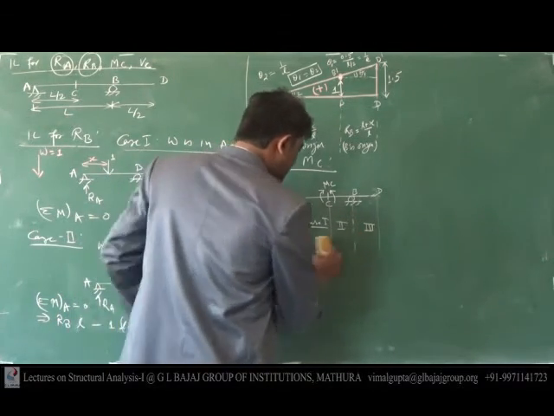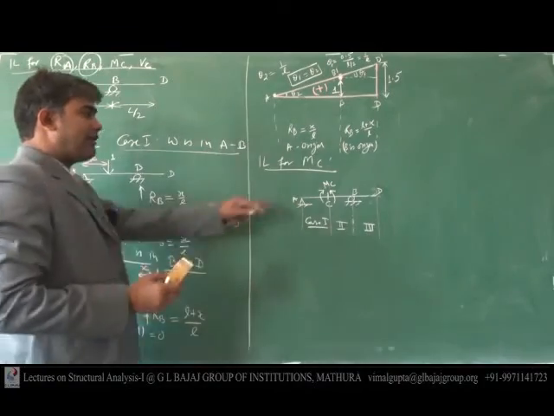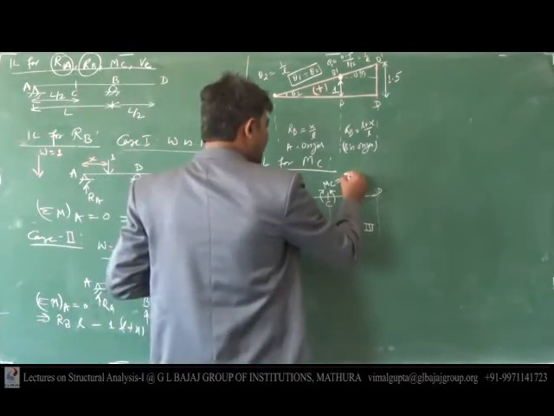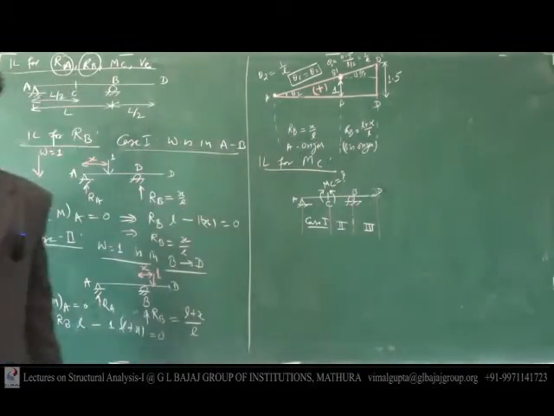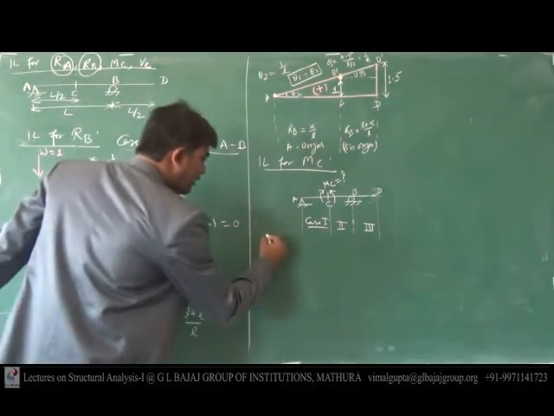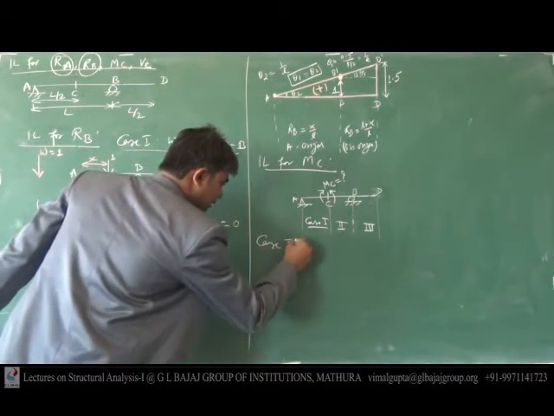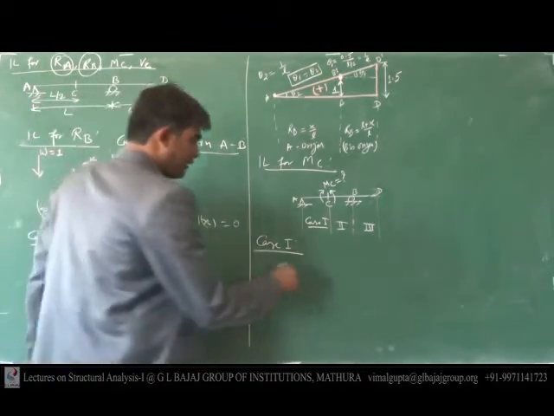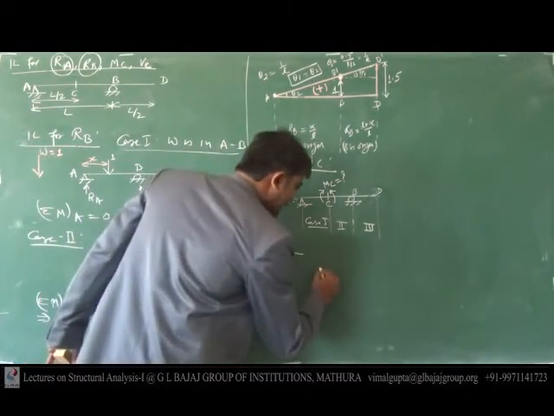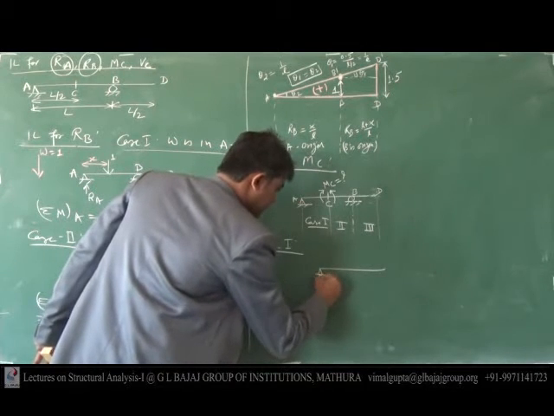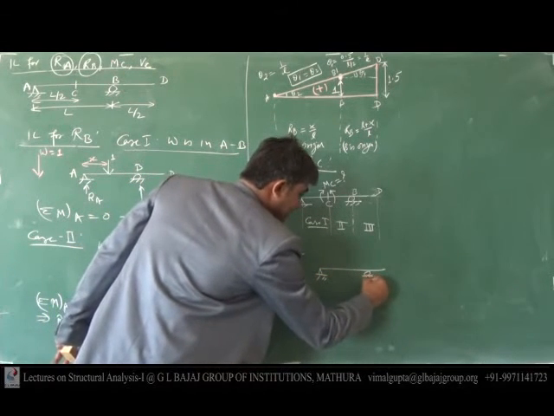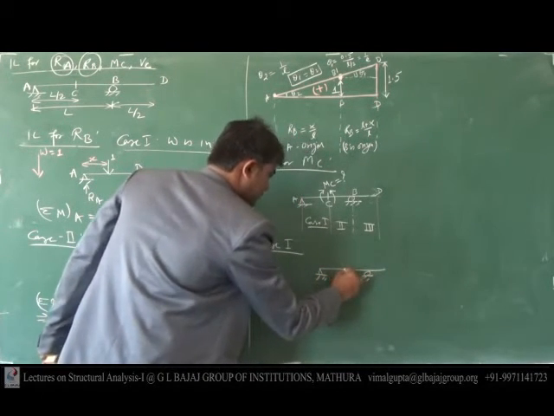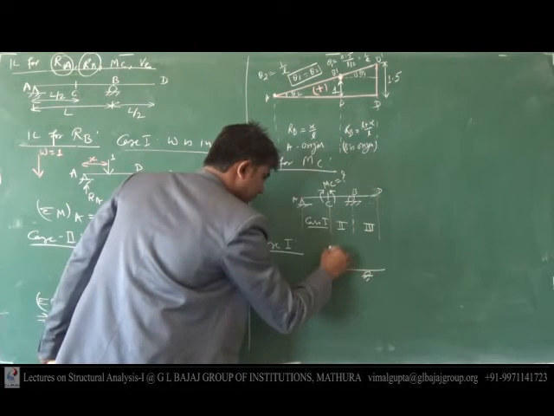We will calculate the value of MC one by one. Taking case number 1, make another diagram. This point C is here, this point is 1.